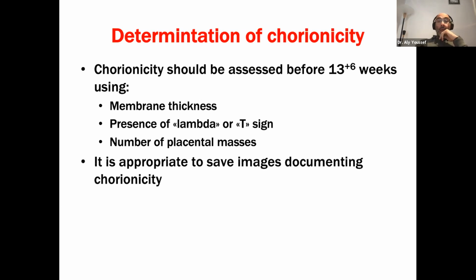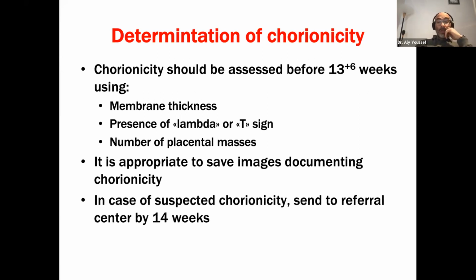It is extremely important in order to refer the patient appropriately and to avoid confusion later in pregnancy, since it becomes increasingly difficult later in pregnancy to confirm chorionicity. Print a picture which is diagnostic of chorionicity and attach it to the patient file.